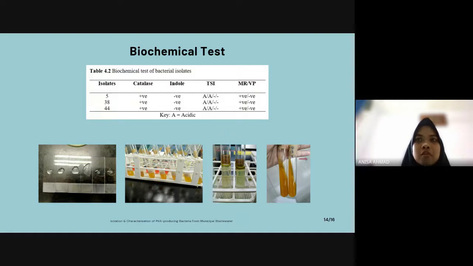All the bacterial isolates showed the same reaction for the triple sugar iron (TSI) test, in which both deep and slant changed color to yellow and showed no production of gas and hydrogen sulfide. And lastly, for the methyl red and Voges-Proskauer tests, all the bacterial isolates tested methyl red positive, while all tested negative for the Voges-Proskauer test.